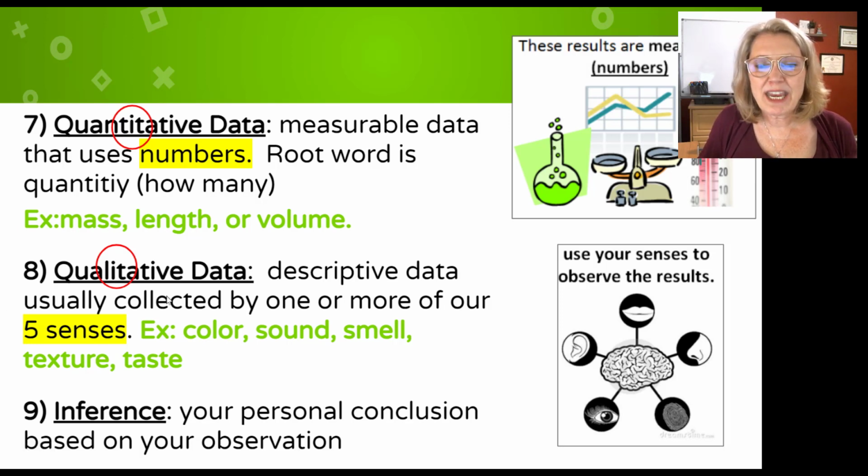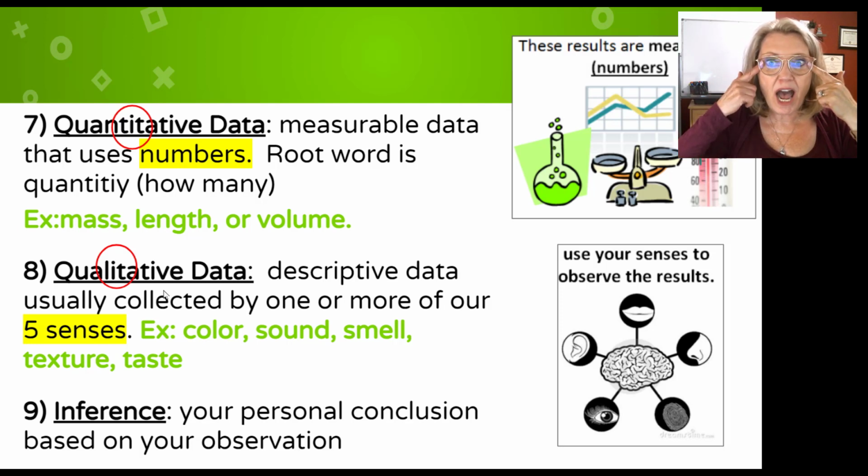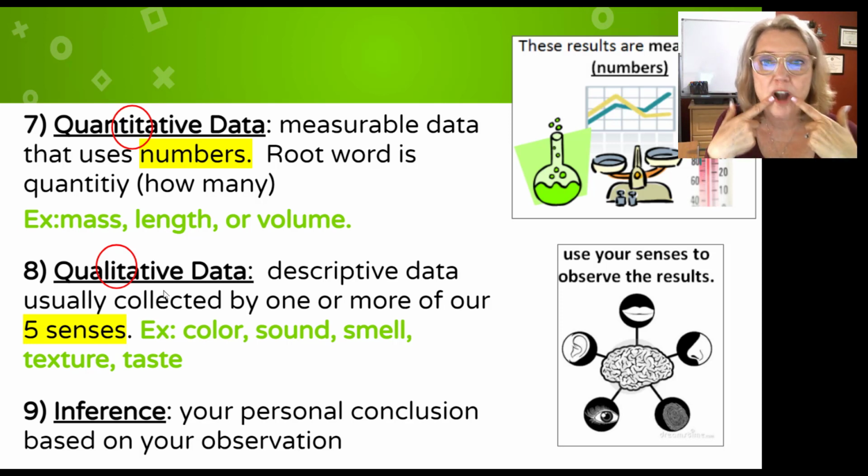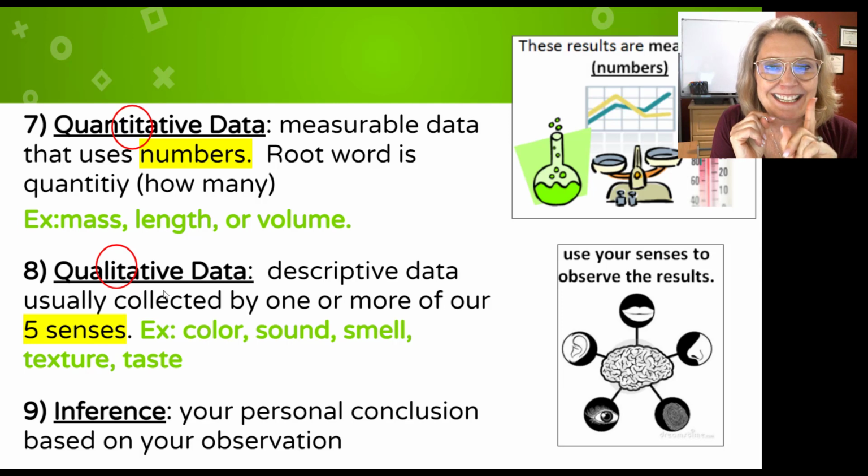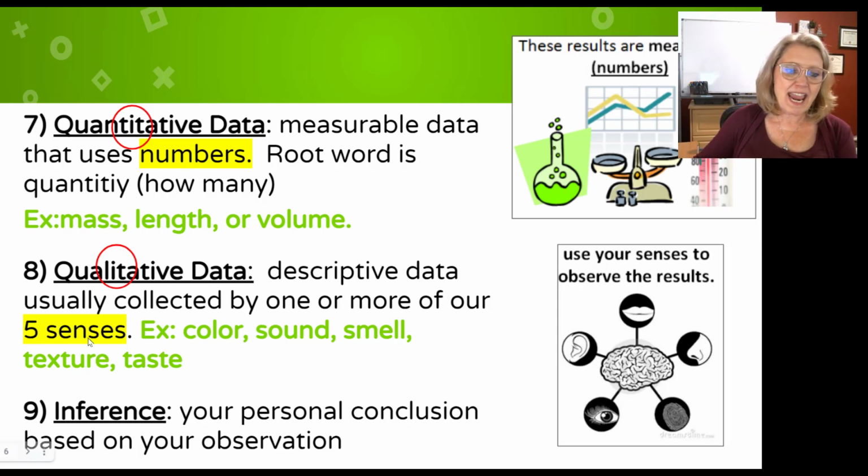So it's something that we use our 5 senses. So either our eyes, our ears, our nose, our fingers for feeling, or our taste buds. But again, in scientific labs, we do not taste things unless you're doing a test to see which recipe might taste better. Then you might use your mouth.